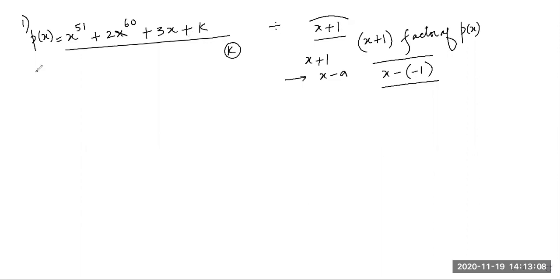That means, not by the remainder theorem, sorry, by the factor theorem, I get p of a, that means p of minus 1 should be equal to 0. So I will simply put the value of x as minus 1.